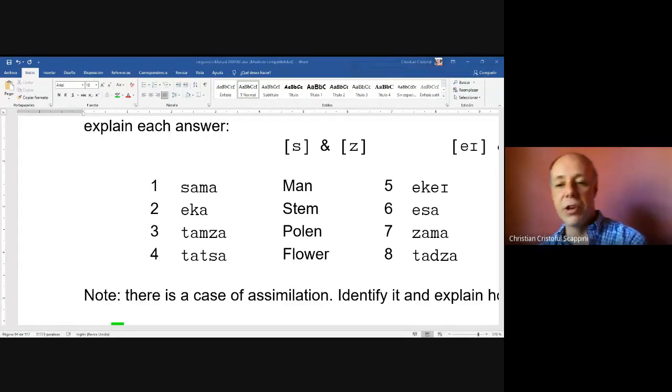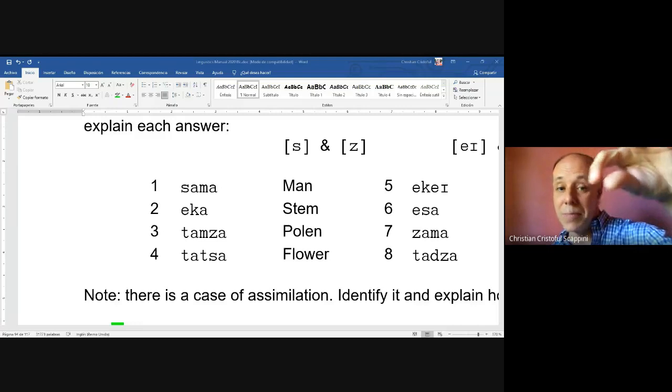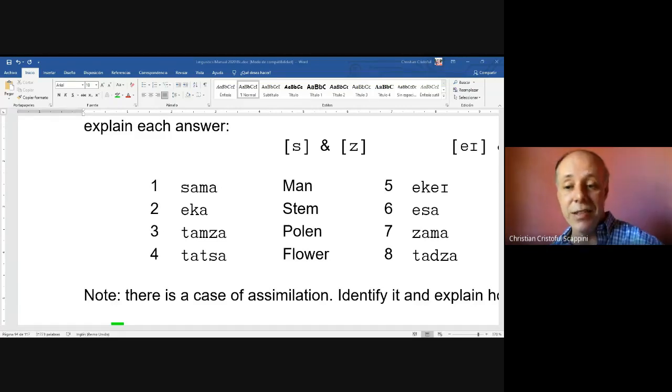All right. Very good. How do we know if it is syllable initial or word initial? Excellent question. Well, word initial occurs always at the beginning of the word, while syllable initial could occur at the beginning of the word, but sometimes it occurs in the middle of the word. It is still syllable initial.